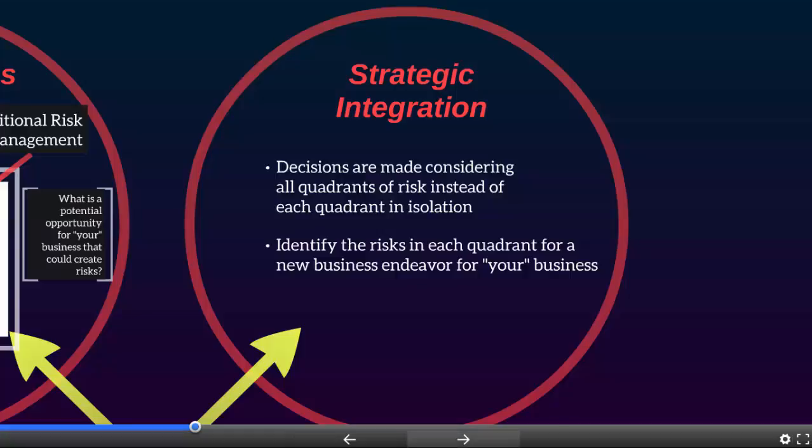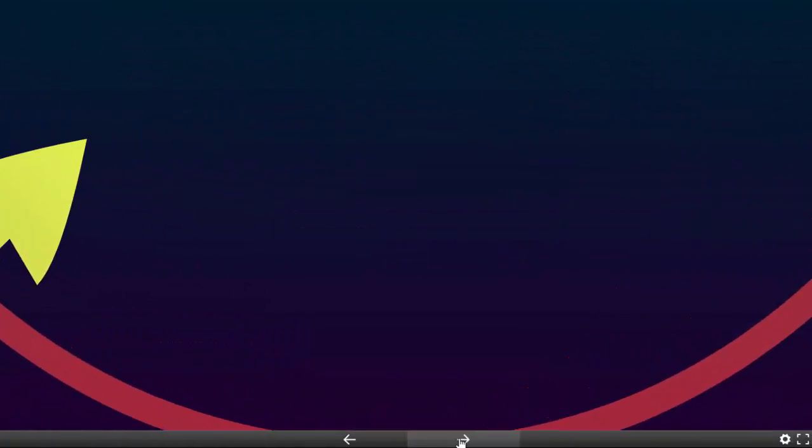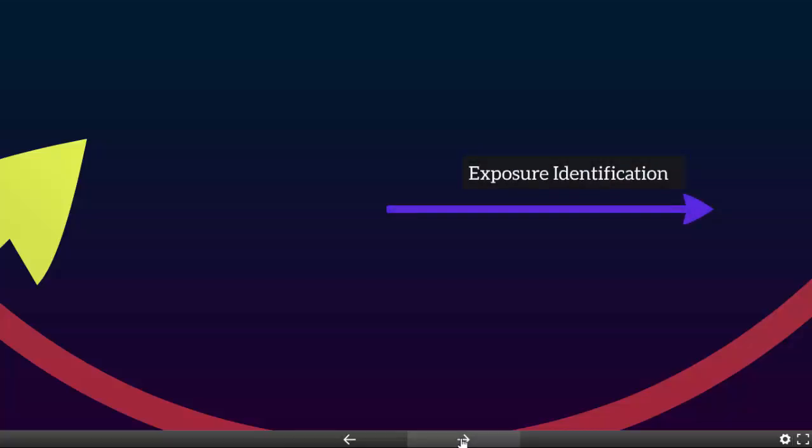Now let's look at the exposure spaces model, and it can be found on page 5.7 of the CPCU text. The dimensions of enterprise risk management include first, exposure identification, which we did discuss in the first lecture: property, liability, business income, and personnel risks.